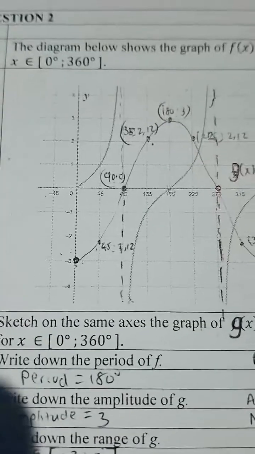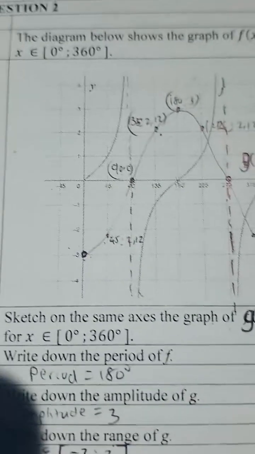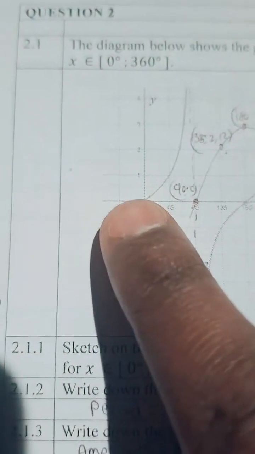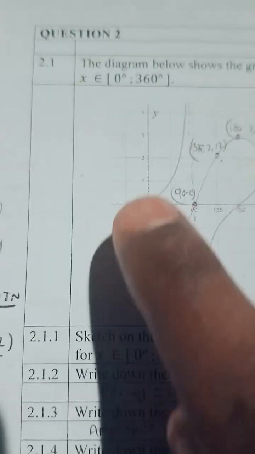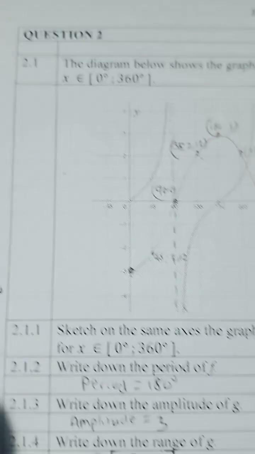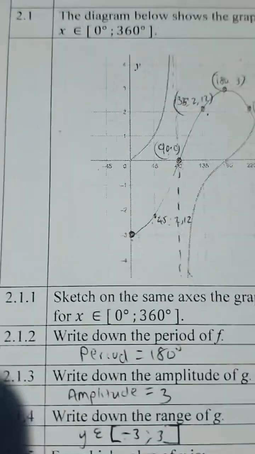It can be equal to 0, because now let's read what he's saying: because where x is 0, true, y is negative 3, which is even more reason why we must say it's equal to 0, and we are including that 0.